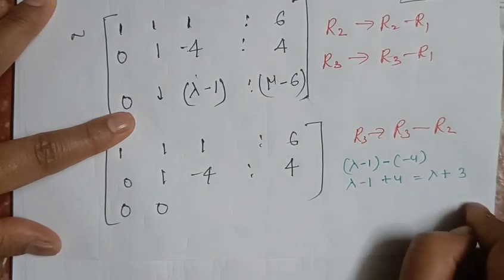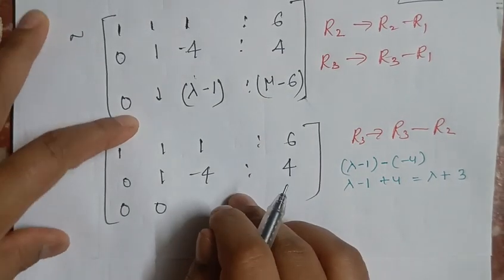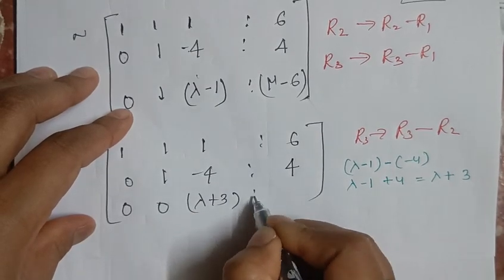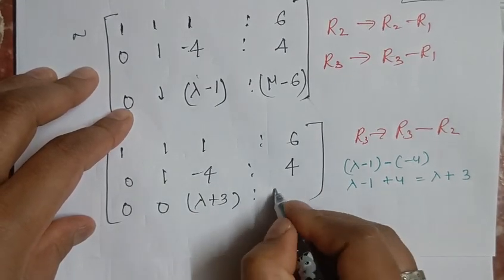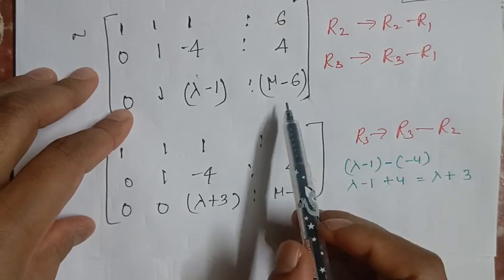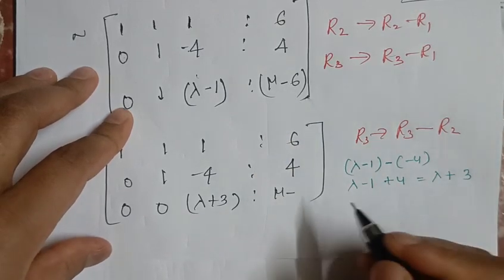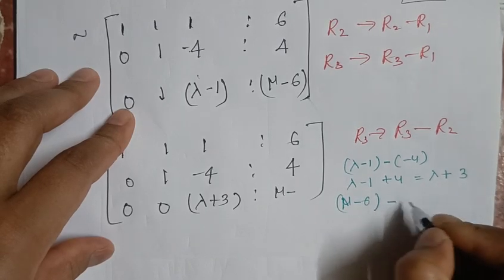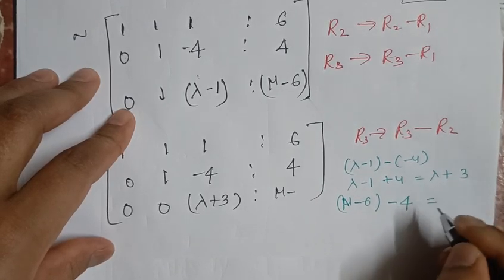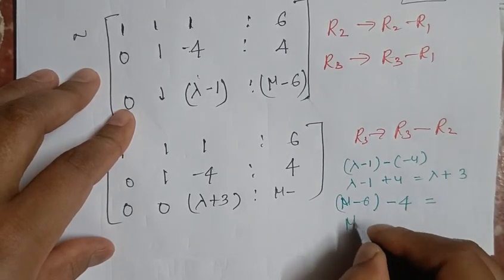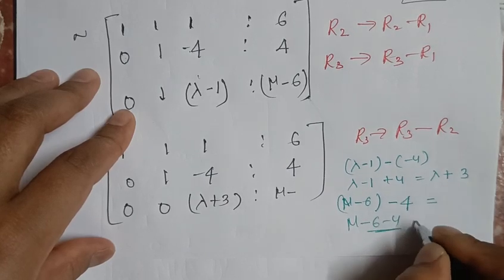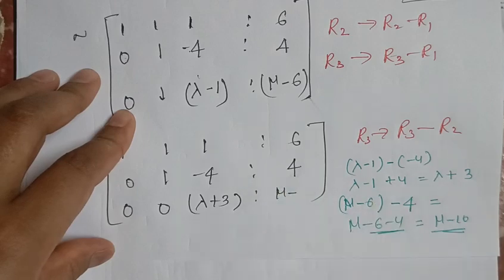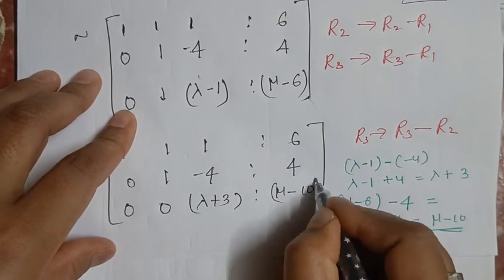So this is going to become lambda plus 3. Now this is going to be mu minus 6 minus 4. Both we will add, mu minus 10. Right? So this is going to be mu minus 10.